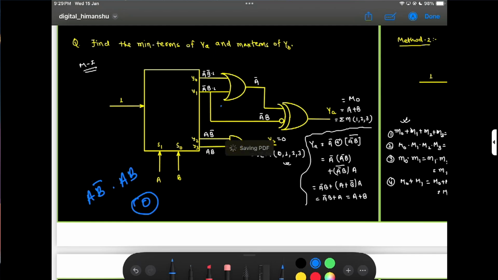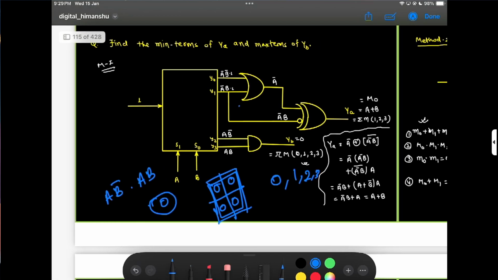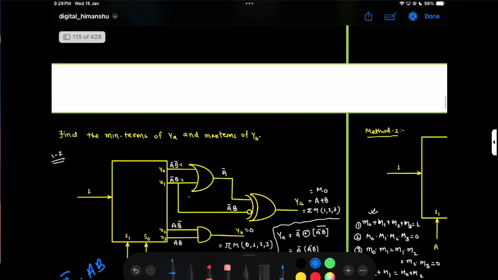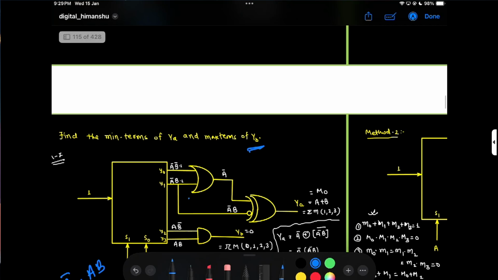Suppose everything is 0, this is my min term. For the max term, everything is present. That's why 0, 1, 2, 3 is my max term. That's the output, the max term of YB.